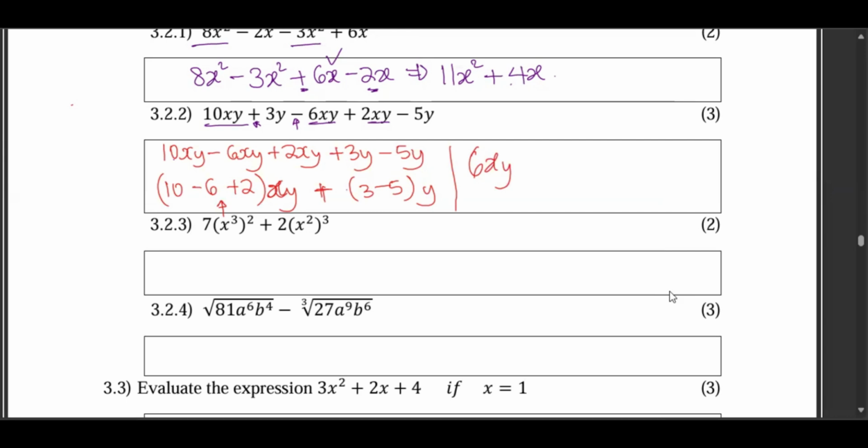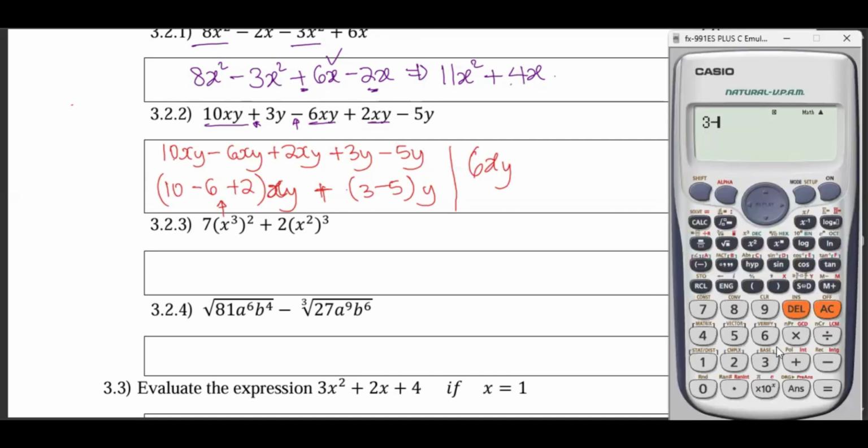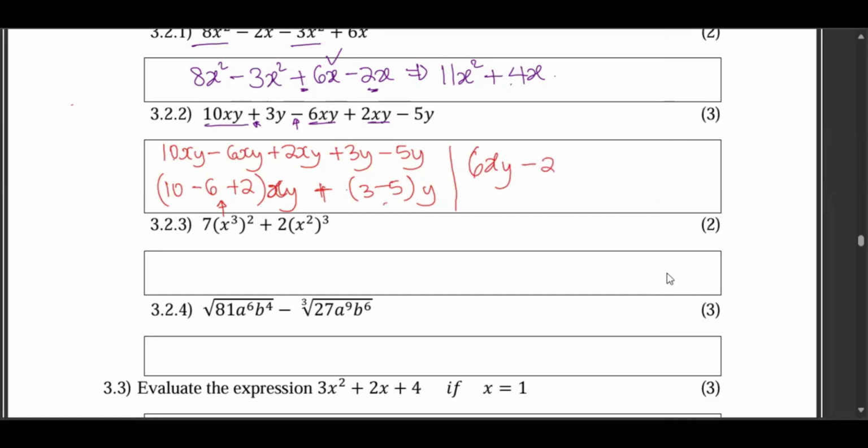Then 3 minus 5, this is obvious. 3 minus 5, you end up with a negative 2. So here we got a minus 2, leaving you with y. That's how we do it.